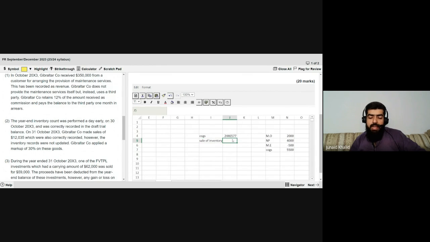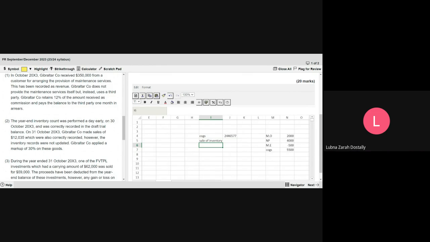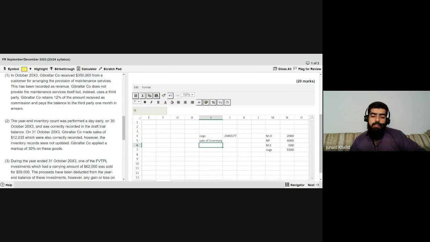This should have been added up, but not at the value of 12,035, because that 12,035 is the selling price. Am I right? Yes. So we need to calculate the cost. Can you please let me know how we are going to calculate the cost?